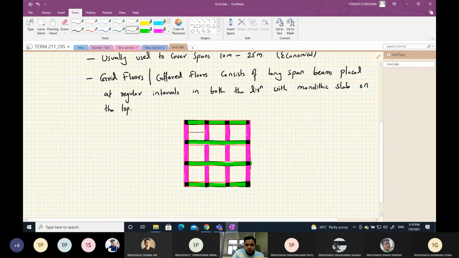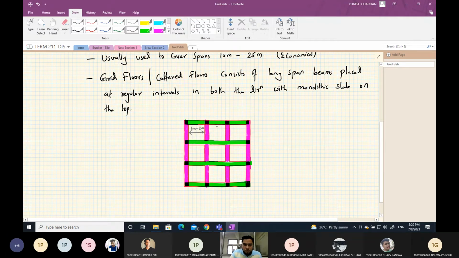These are very closely spaced beams in both the directions, and this spacing is usually 1 meter to 2 meter.